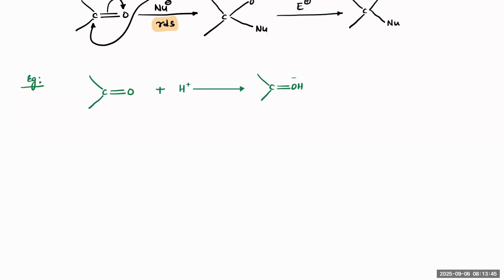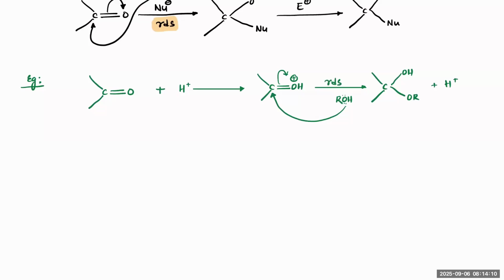This is an electrophilic addition. Thereafter, let's say a nucleophile like alcohol is added. So the nucleophile will attack here, this bond will shift here, and you will get a product like this, OH and OR plus H plus. Got it? And again, like I said, this is the rate determining step.